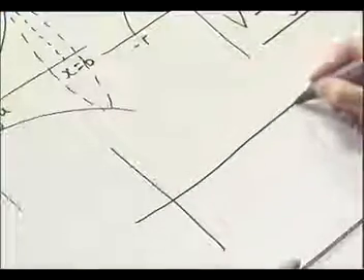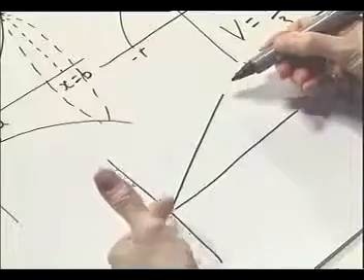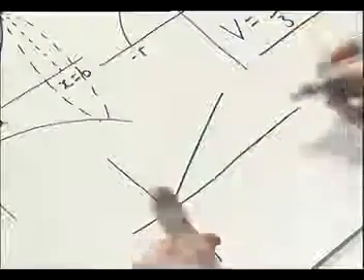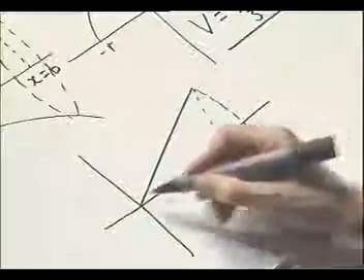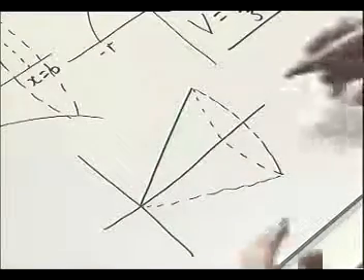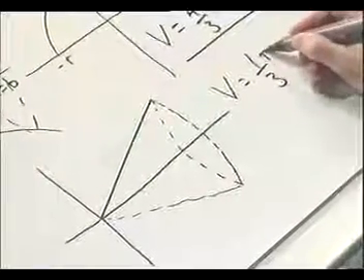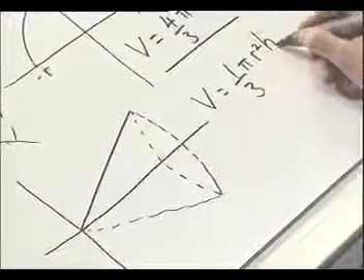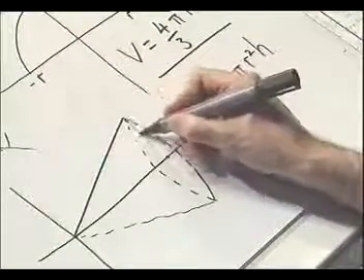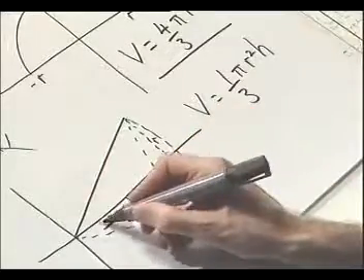Similarly, if we had a straight line that went through the origin, like so, if we were to rotate that through 360 degrees, then that would give us a cone. So there's the end, giving us the cone, and that's the reflection in the x-axis. And the volume of a cone, we know, is 1/3 pi r squared h, where r is the radius of the base and h is the height of the cone.